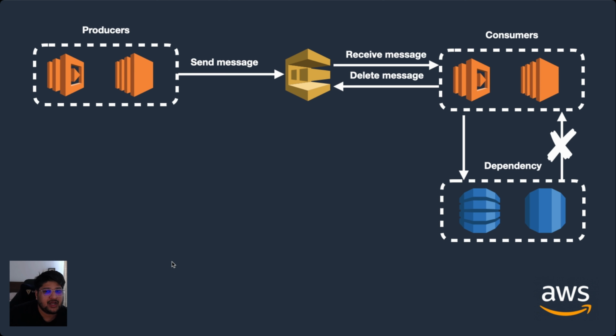But in the real world, it may happen that any of the processes in the flow breaks. For example, let's say while the consumer is processing the message, one of the dependencies throws an error saying that we cannot process the message. In turn, the consumer won't send the delete message to the queue.